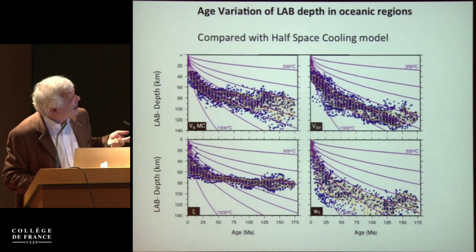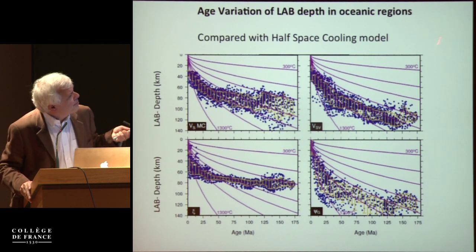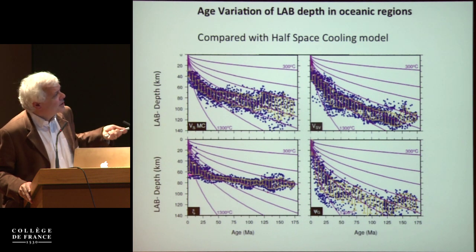So that's what I showed you, and now here's a map where we show, for the half-space cooling model, so it's only a thermal, very simple model, results for what we call the lab, for VSV velocity for ocean, VSV velocity by first-order perturbation theory, and the XI, the radial anisotropy, and the azimuthal anisotropy.